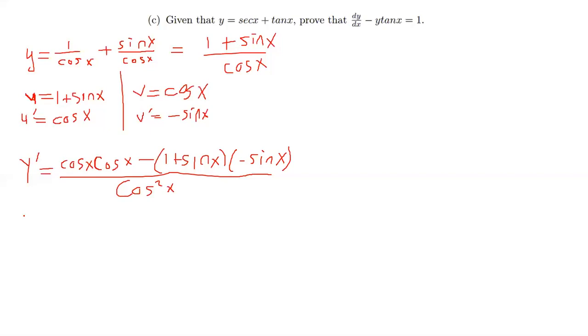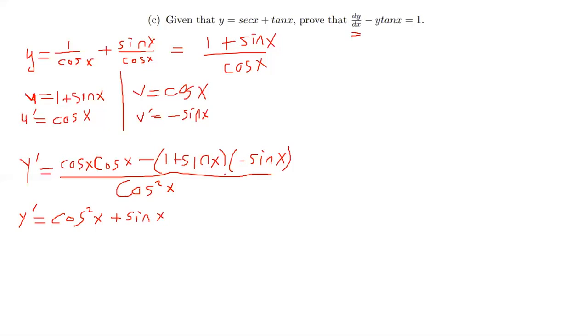So let me just simplify my y prime. So y prime is just the same as dy dx here. So don't get confused, it's just the same. So cos times cos will give me cos squared x. Then minus, when I multiply this negative sine x times negative 1 here, I'll get a positive sine x.